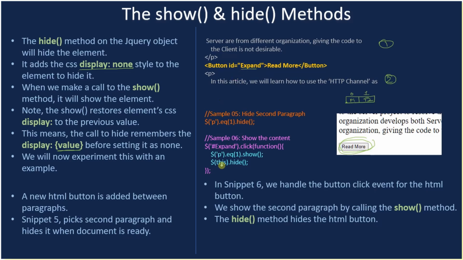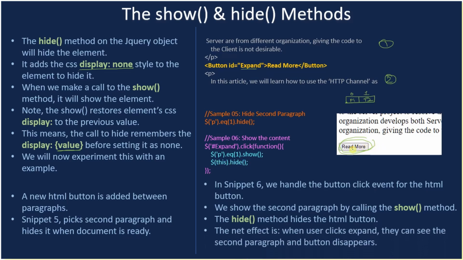So $expand.hide or $this.hide will hide this button. The net effect is when the user clicks expand, they can see the second paragraph and the button disappears.